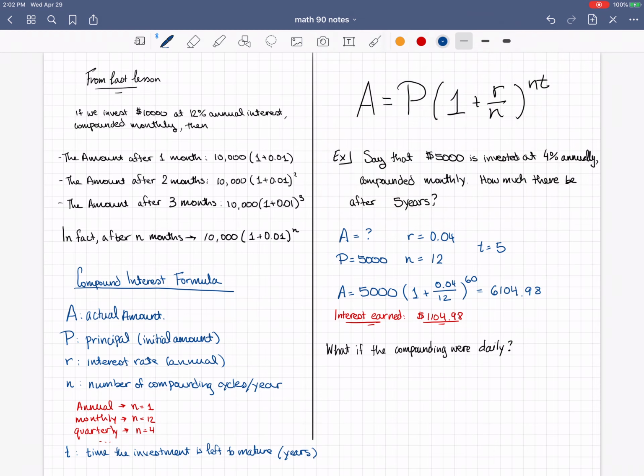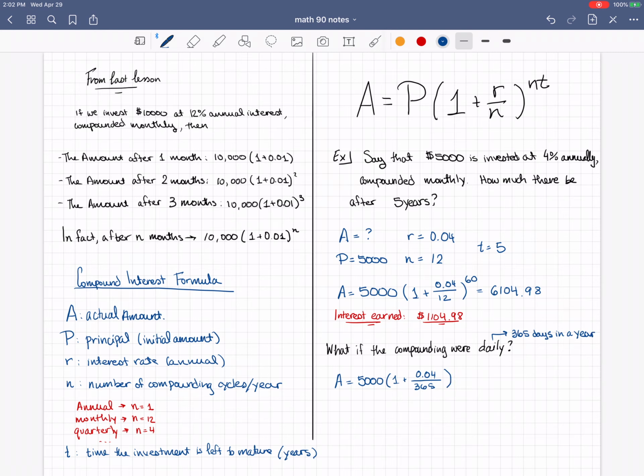So we have A. We still don't know A. P is 5,000. The only difference is that N is 365 this time. In fact, let me write a little note here. There are 365 days in a year. So N is 365.